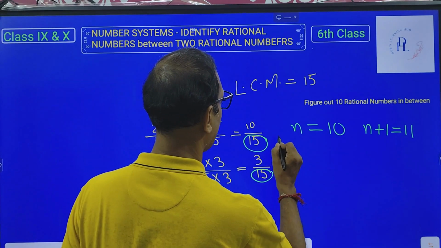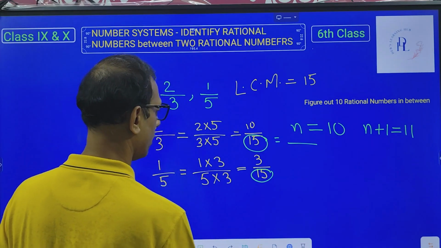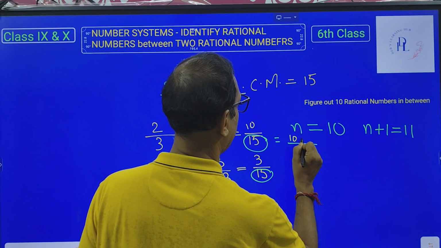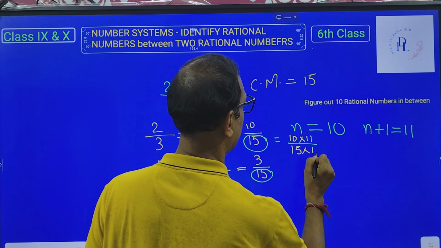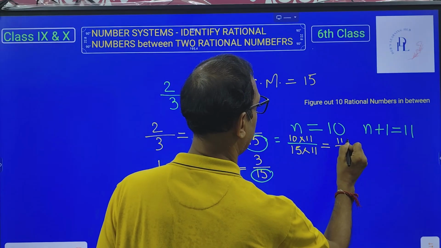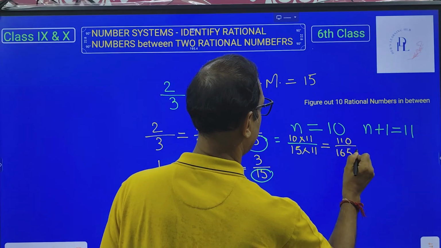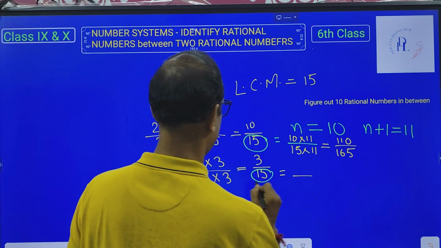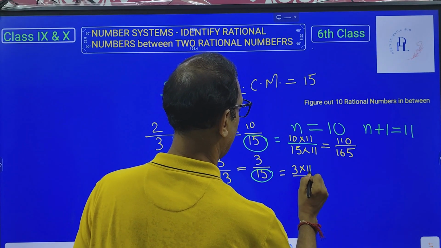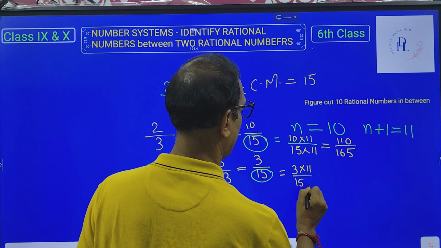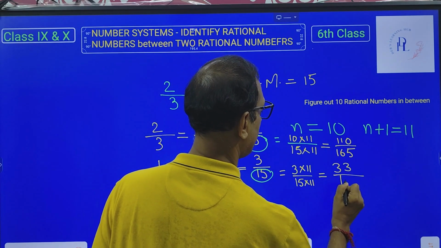So again you need to multiply: 10 into 11 by 15 into 11, that is 110 by 165. The other is 3 by 15, so 3 into 11 by 15 into 11, that equals 33 by 165.